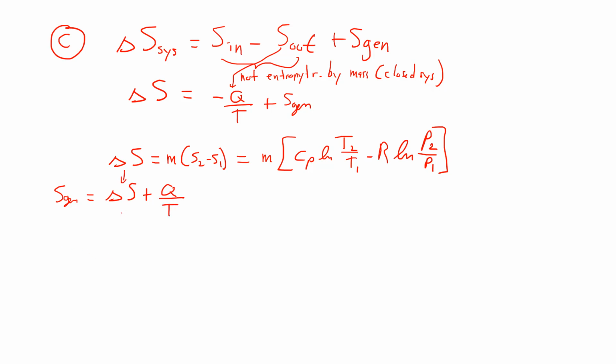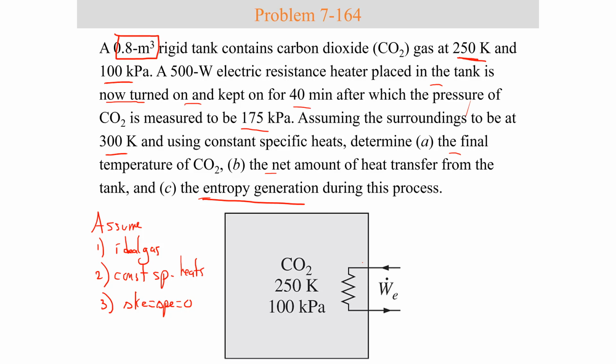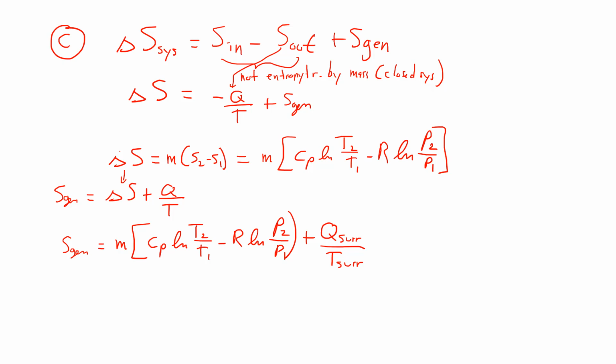Delta S is the change in entropy of an ideal gas with constant specific heats, so Sgen is equal to mass times Cp natural log T2 over T1 minus R natural log P2 over P1, plus the heat transfer to the surroundings, which we calculated according to the first law for part B, divided by the temperature of the surroundings, which was given in the problem statement as 300 K. You plug in all those numbers and you should end up with 3.92 kilojoules per Kelvin worth of entropy generation for this problem.